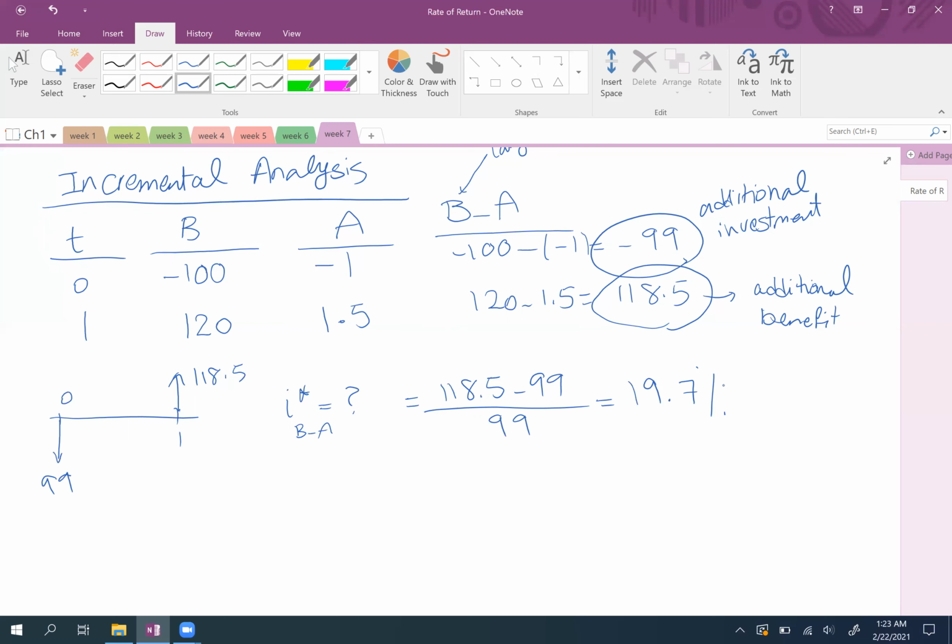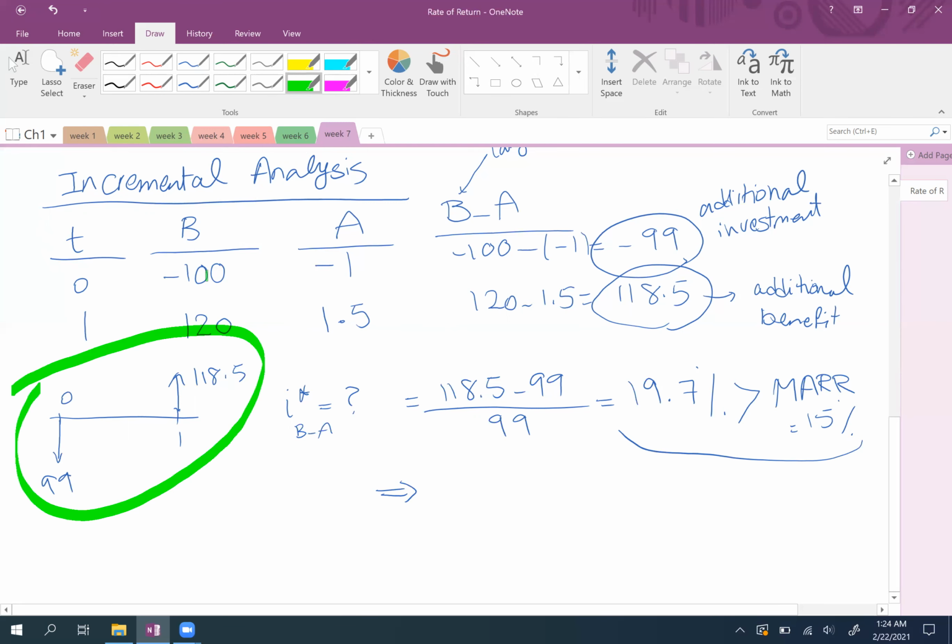So assume still our MARR is 15%. So I know 19.7% is greater than MARR, which is 15%. So our question is answered: this additional investment is justified. Okay, so my conclusion when I calculate this cash flow diagram for the difference B minus A, to see if additional investment in B is justified or not, is to calculate this cash flow, the green cash flow diagram, and compare it with MARR.